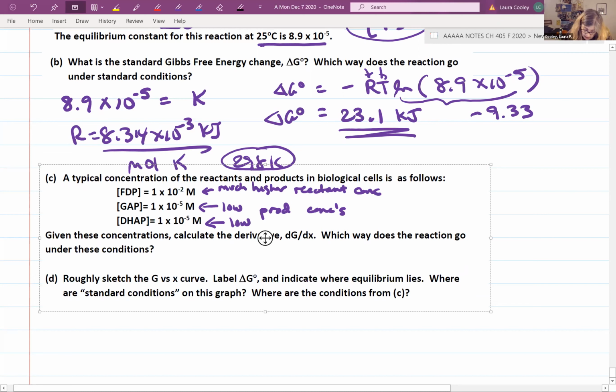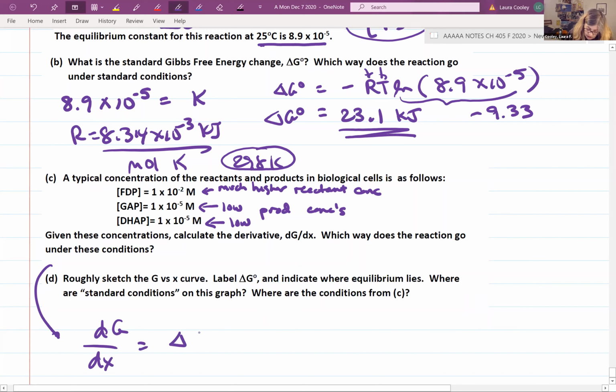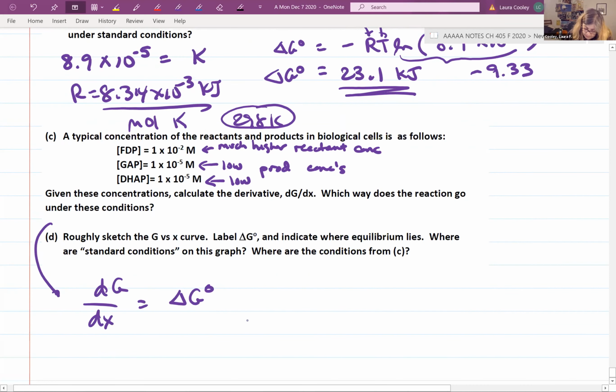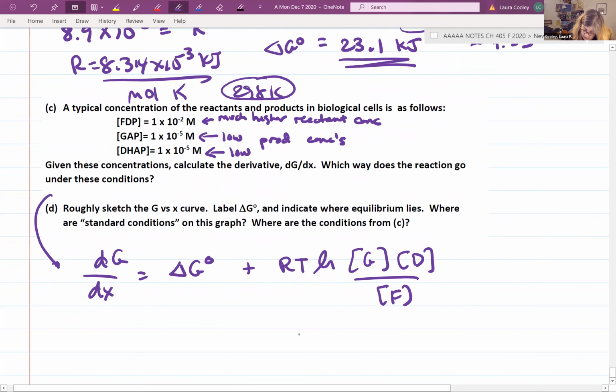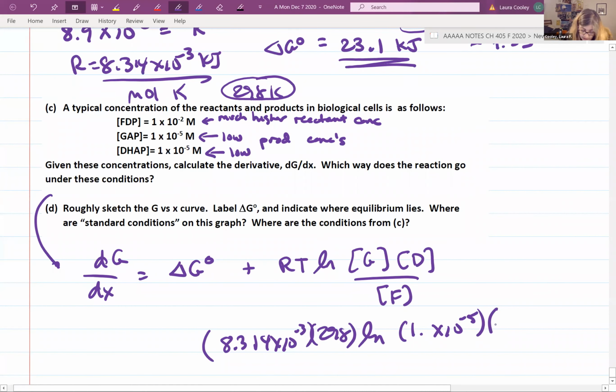So we're going to calculate the dG dx. So it's delta G0 that we already got, plus RT times the log of that ratio, which is G D over F. And so this is going to be 8.314 times 10 to the negative 3, 298 times the log of, okay, G is 1 times 10 to the negative 5th.